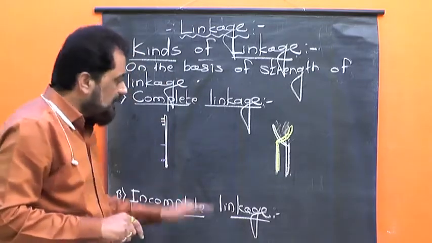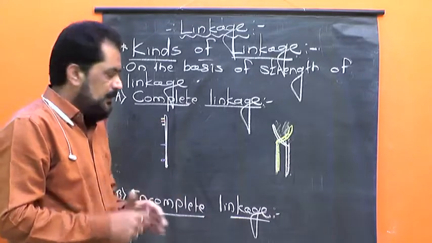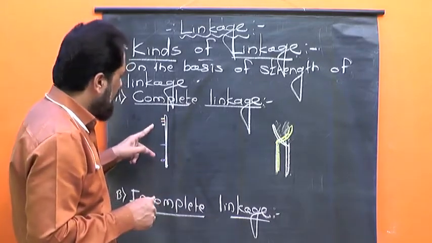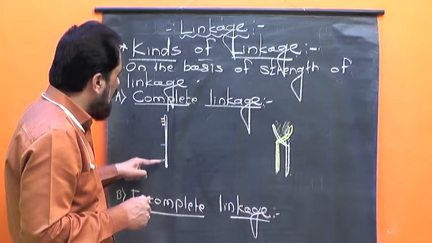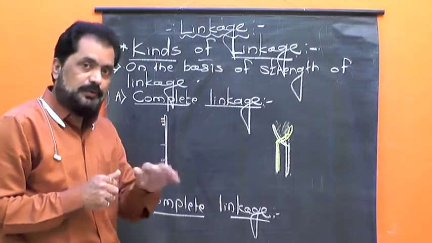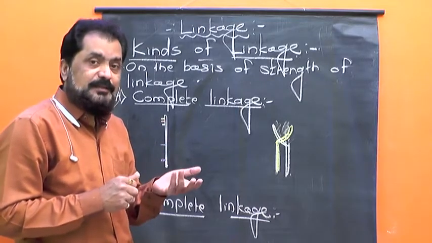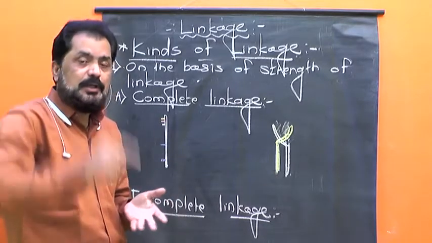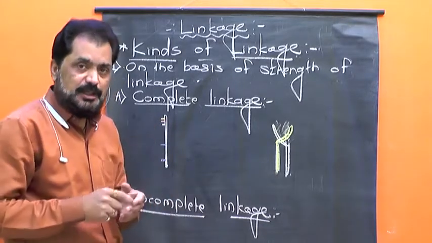And incomplete linkage, very simple, it is the phenomenon in which the genes which are placed far away from each other on the same chromosome, though on the same chromosome, but they cannot remain together and inherit together for generation and generation.